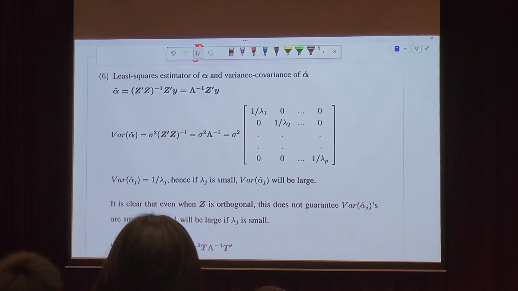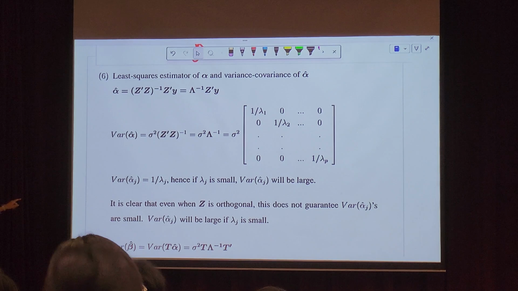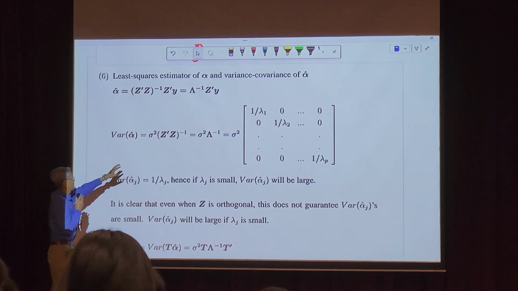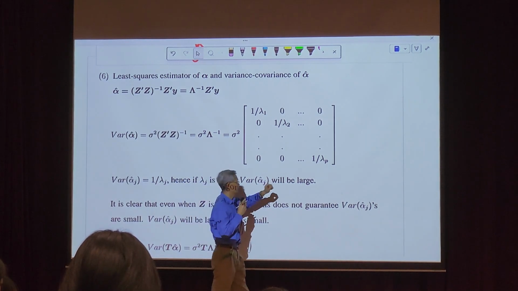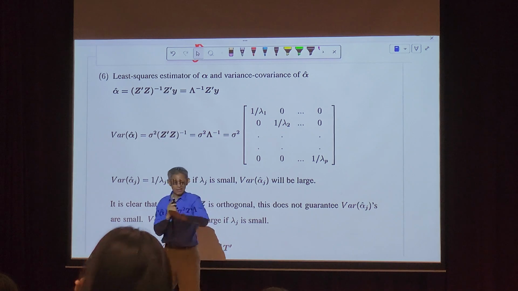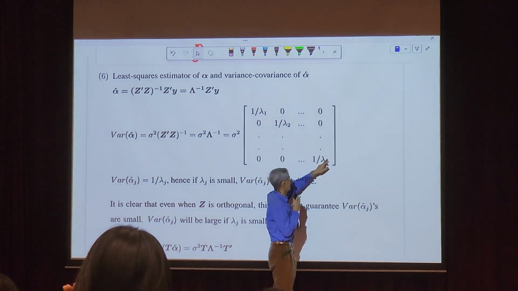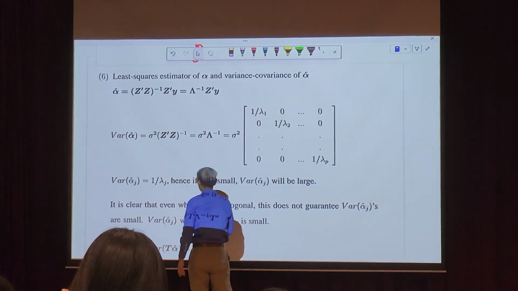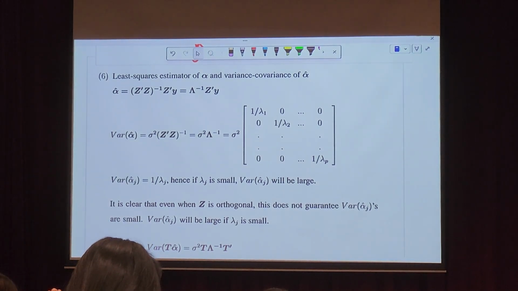This one says, if you have a lambda, that is, if your ZP is near 0, that means this is near 0. And so you have a very large inflated matrix, and your variance will become very large.